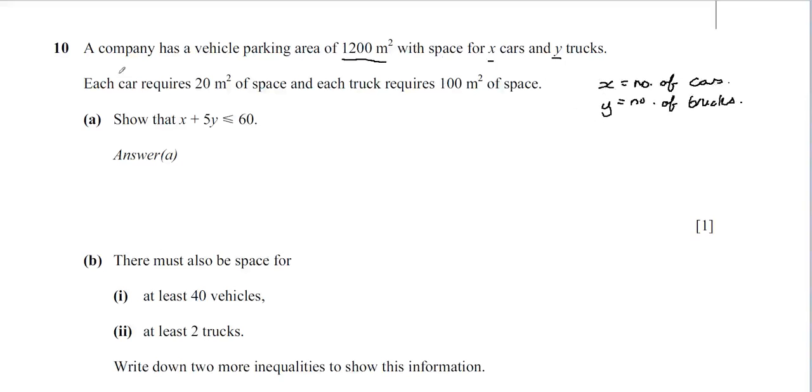Okay, so it says each car requires 20 meters squared of space and each truck requires 100 meters squared of space. Show that X plus 5Y is less than or equal to 60. Whenever they say show that, you've got to use the information they've given you to form this inequality somehow.